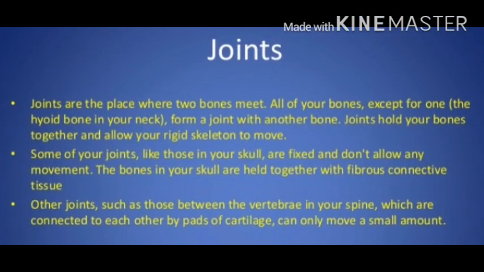Joints. Joints are the places where two bones meet. All the bones of your body except one, the hyoid bone in your neck, form a joint with another bone. Joints hold your bones together and allow your rigid skeleton to move. Some of your joints, like those in your skull, are fixed and don't allow any movement.